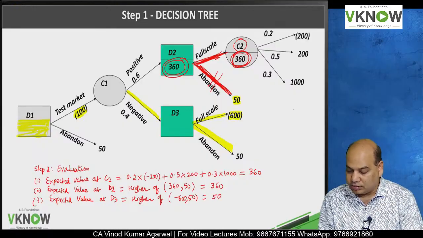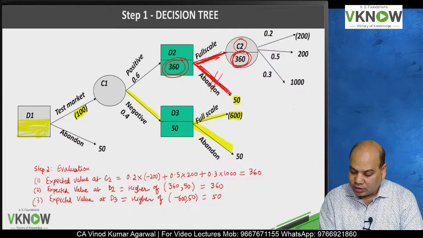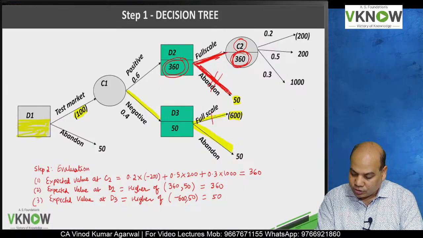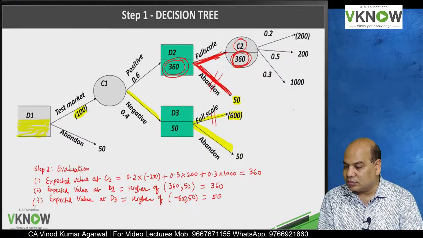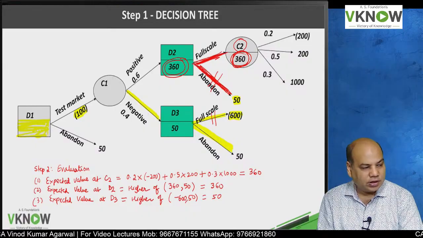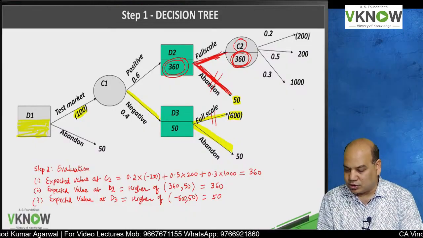So 50 is higher, which means the value of D3 is 50. Cancel the full scale option; that option will not be exercised. If I get a negative result, I will abandon the project.